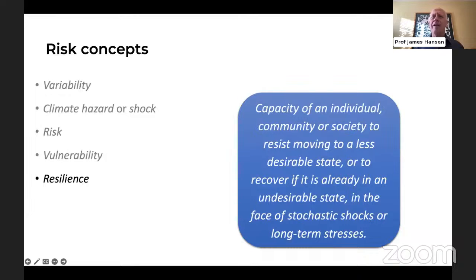Resilience is approximately the opposite of vulnerability, although it has a little bit of a different focus. So resilience can be thought of as the capacity of an individual, community, society to resist moving to a less desirable state, or to recover if it's already in an undesirable state in the face of stochastic shocks or long-term stresses.